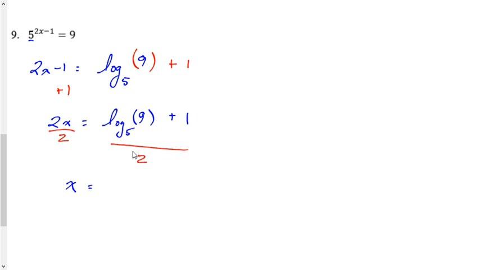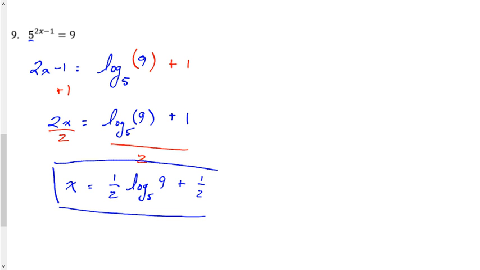So I could write it as 1/2, that's the same as dividing by 2, times the logarithm base 5 of 9 plus 1/2. So here we have an exact value answer for this question.